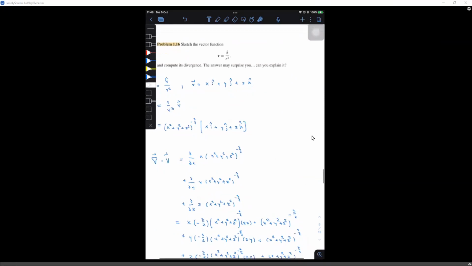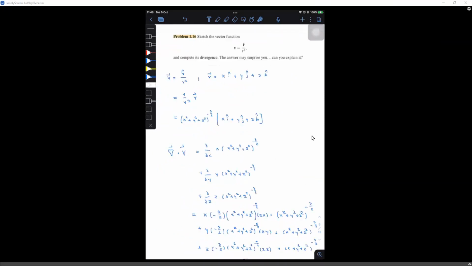So from this and this, we can write v equal to this function.